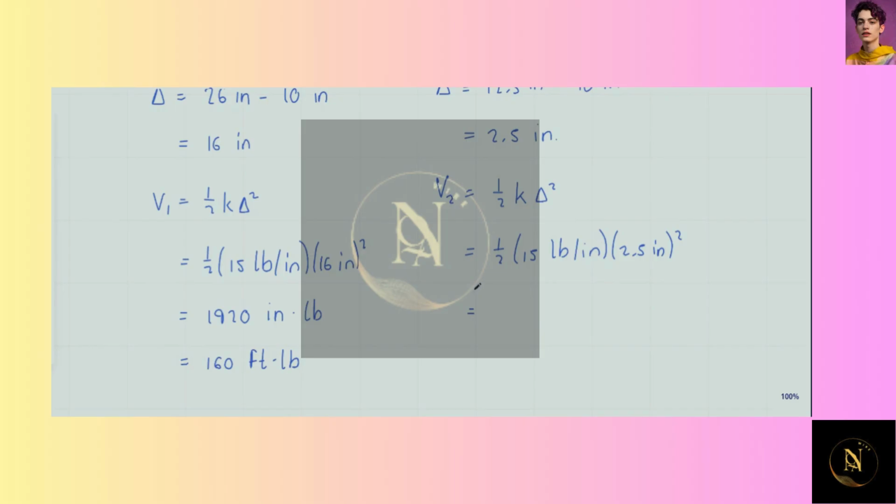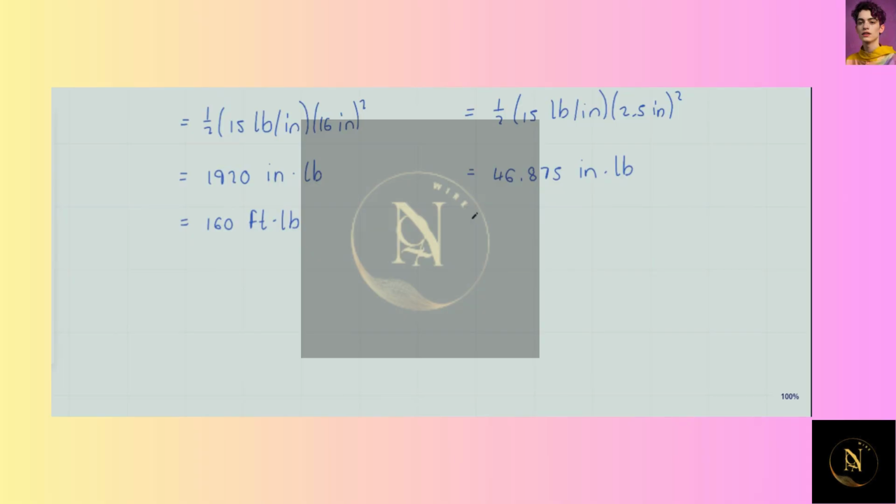So we're left with potential energy of the spring in position 2 is 46.875 inch-pounds. And this is 3.91 foot-pounds. So we have the potential energy in each case.